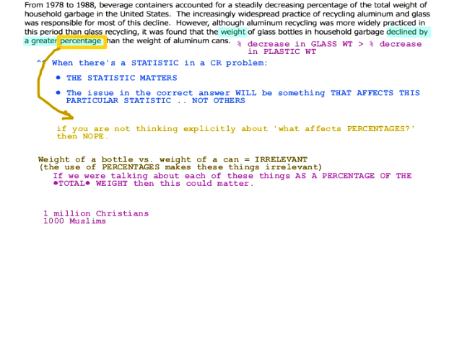Think about percentages being greater. Let's say this goes to 1,300, and this goes to 1.1 million. This would be a 10% increase. This would be a 30% increase. Clearly the size doesn't make any difference. There are so many more Christians.